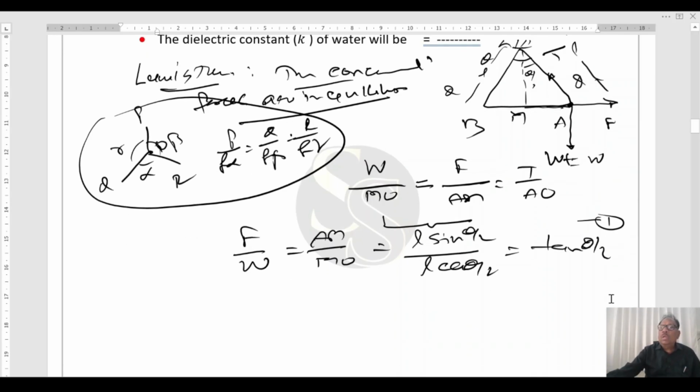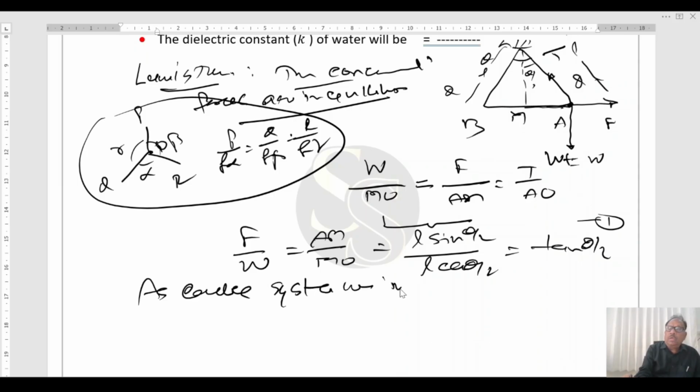Now, as earlier the system was in air, and later suspended in water. Suspended in water. Say liquid.